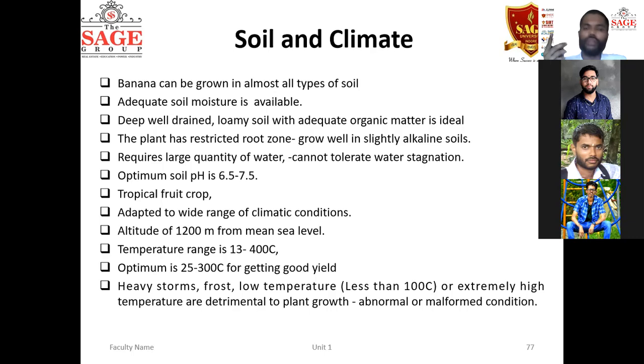Okay, so coming to soil and climate. Banana can be grown in almost all types of soil with adequate soil moisture availability. Deep, well drained loamy soil with adequate organic matter is always preferable. The plant has a restricted root zone. You know banana plants have roots going only 40 or 50 centimeters deep. They grow well in slightly alkaline soils also.